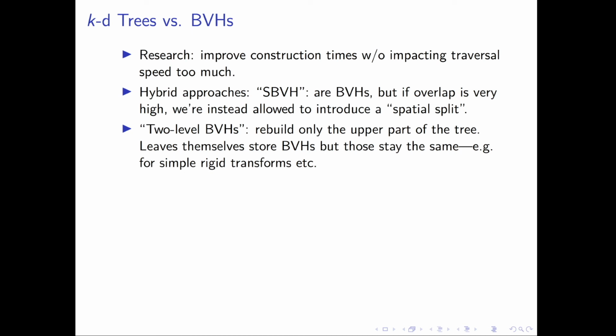We would not actually store a copy, but a reference to it. And this concept is a so-called two-level BVH. So we have a top-level acceleration data structure, or BVH, and a couple of bottom-level acceleration data structures. And as a matter of fact, this is also a mode that is supported by NVIDIA's RT Core hardware that we will also discuss during this lecture.